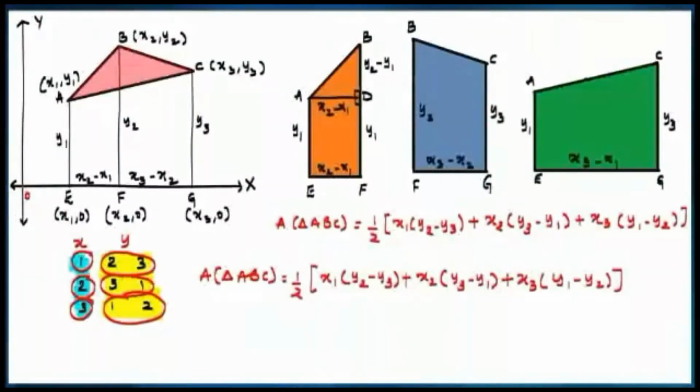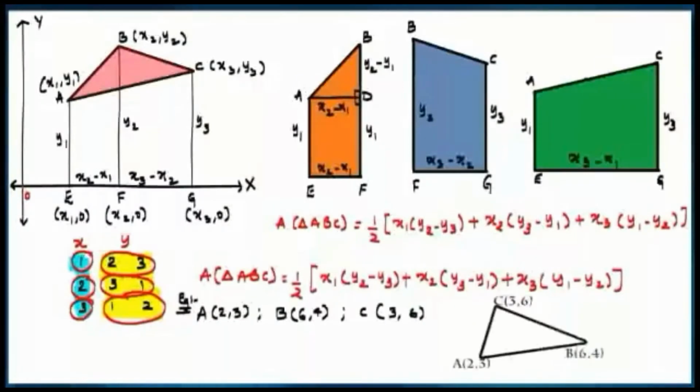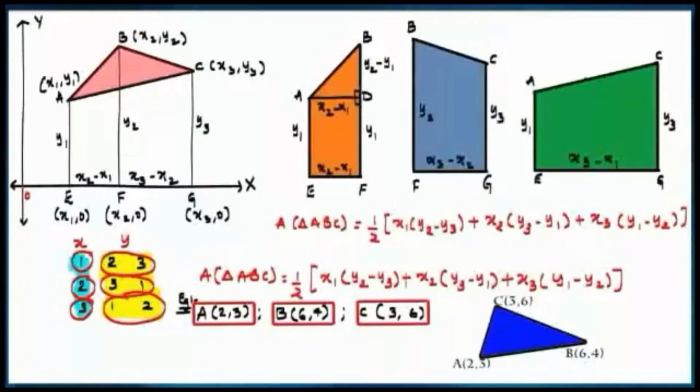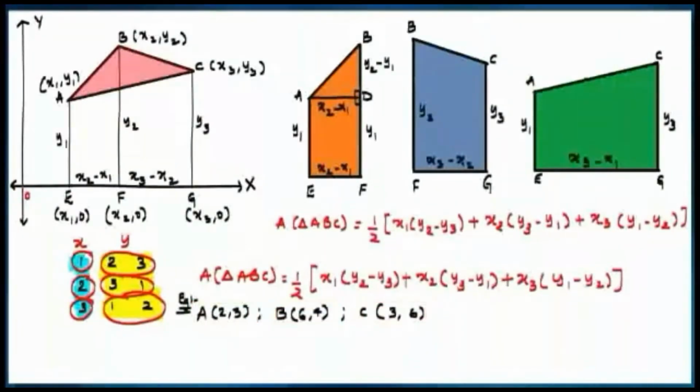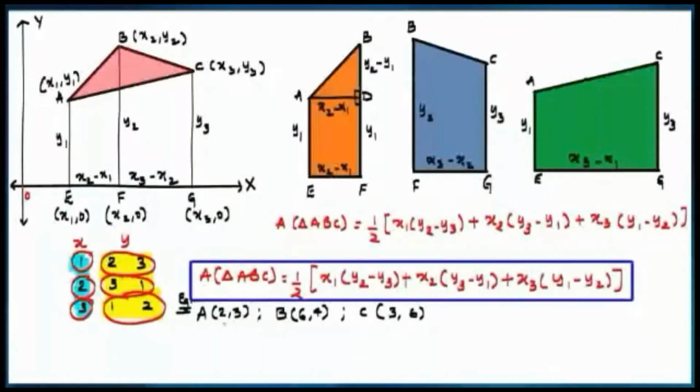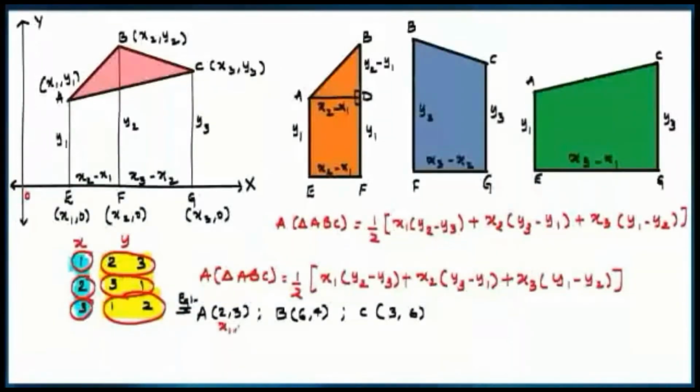If A, B, C are the three vertices of a triangle, here A is 2, 3, B is 6, 4, and C is 3, 6. So ABC is a triangle. We have to find the area of the triangle. To find it, just substitute the values of the variables: x1, y1 is 2, 3; B is x2, y2; C is x3, y3.